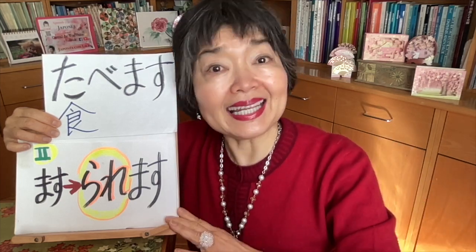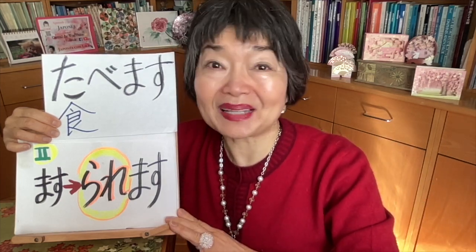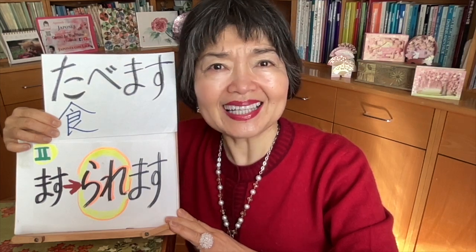But maybe you listen to this 食べれない in many occasions, so I teach you. In the casual way, 食べられない is correct, and 食べれない is not correct, but many people speak it.